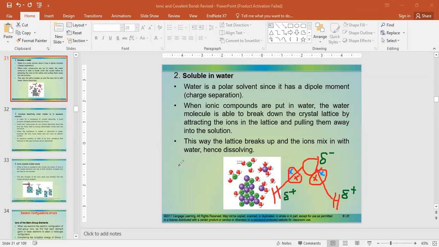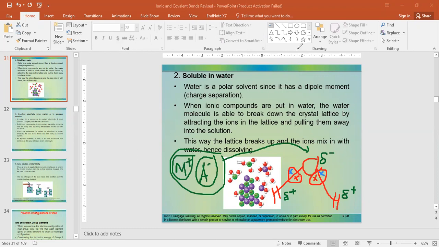Now, this being the case, if you bring an ionic compound in the form of M plus and A minus, where A minus is the anion, while M plus is the cation, and you bring this to interact with a water molecule, there is going to be interaction of the ionic charges, so that the partially positive hydrogen terminals are going to attract the anions, while the partially negative oxygen atoms are going to attract the cations.